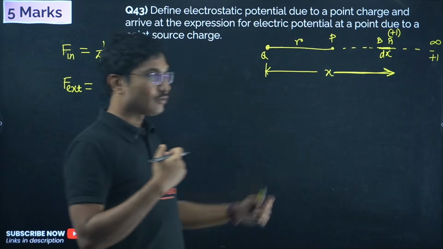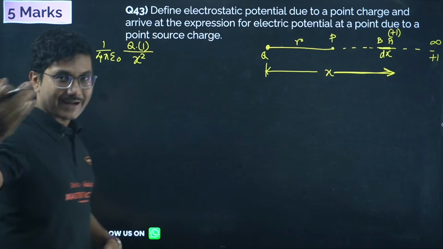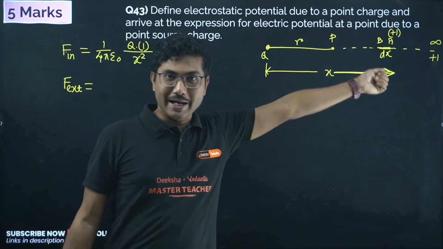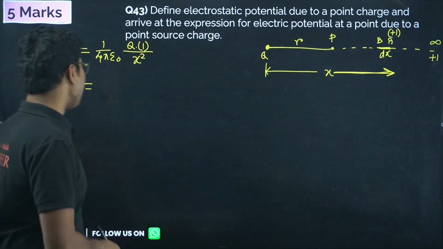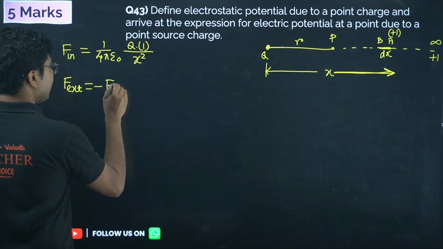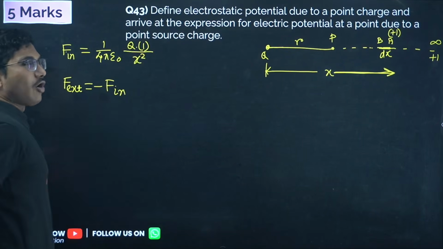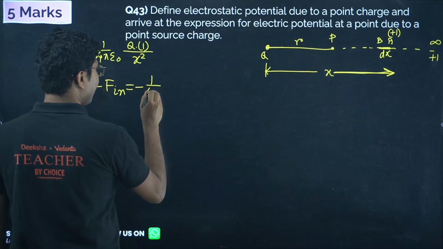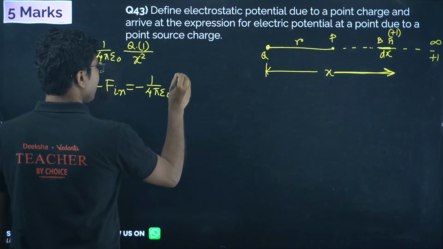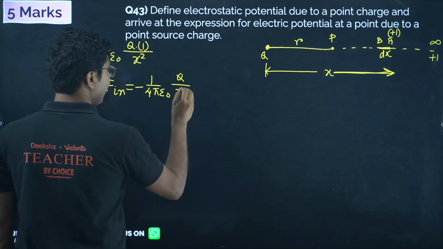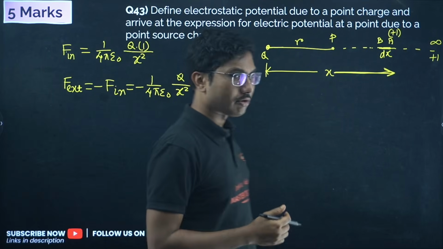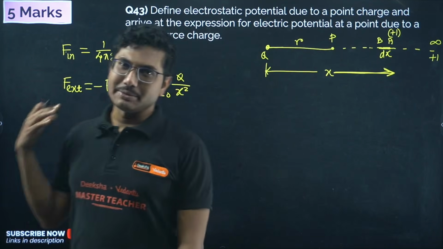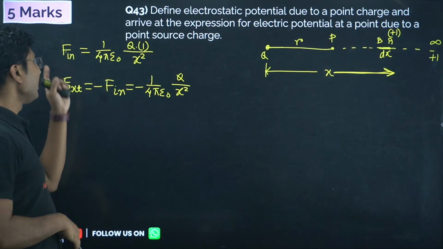The force that you have to apply to bring the charge from A to B has to be in the opposite direction of the internal force, and that equals minus 1 by 4 pi epsilon naught Q by x square. Here students use some weird dot product cos theta minus 1, not required, because you can simply say that the force is basically from Coulomb's law.